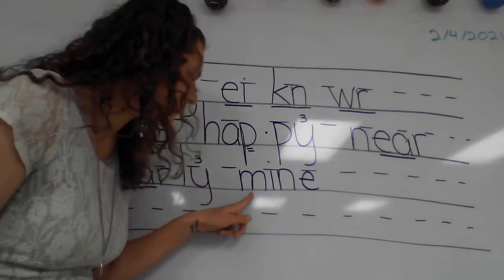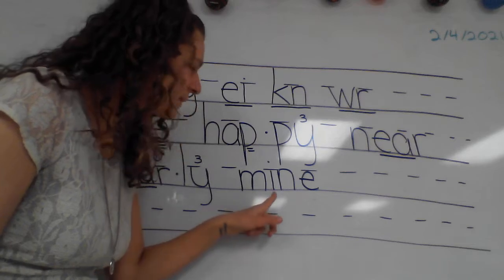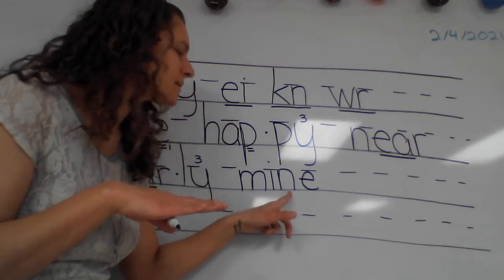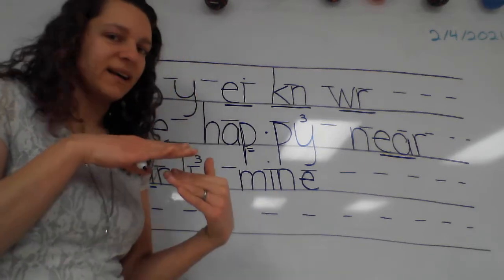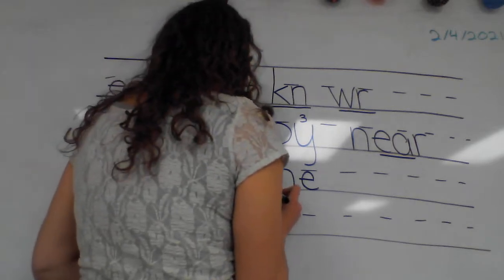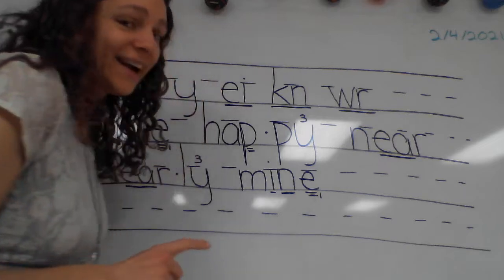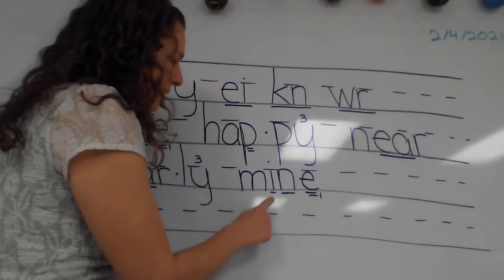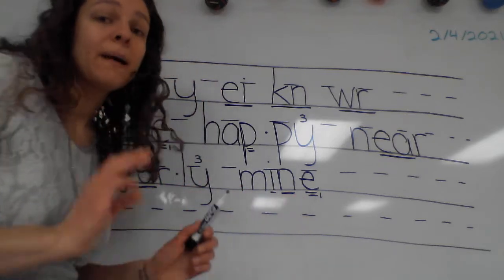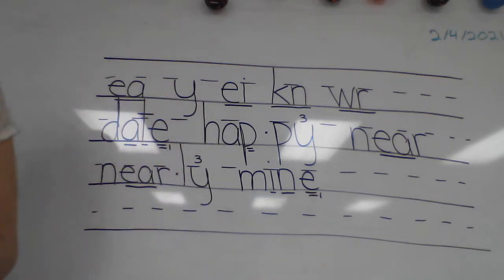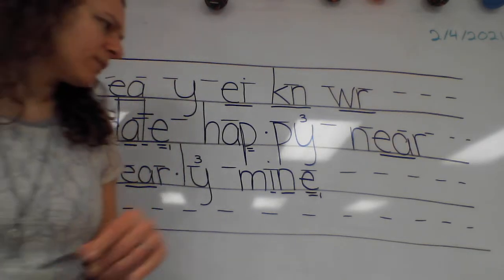Right, class, does this need a marking? How about this one? Good. This. Good, mark it. And let's read our word. Good, mine. All right. Let's see, we've got some more words.